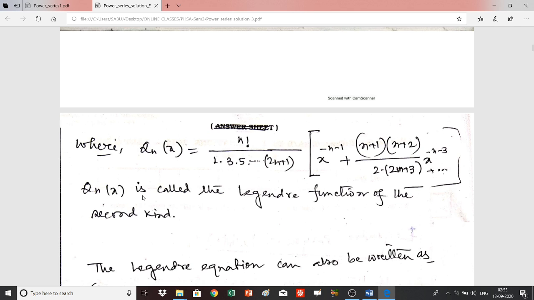I have written it as Qn. In this case Qn is called the Legendre function of the second kind, as it has come from the second solution.